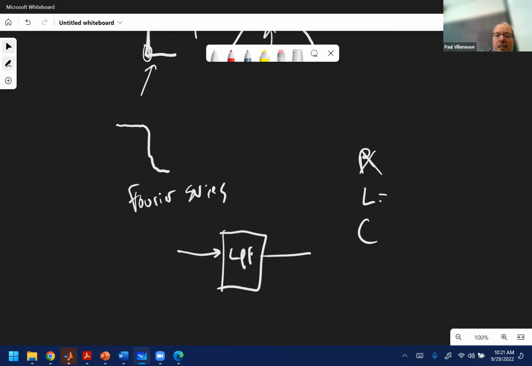So L, we're going to use L dI/dt. So if we take the derivative of this square, what is the derivative of that? 0 and 0 eventually.